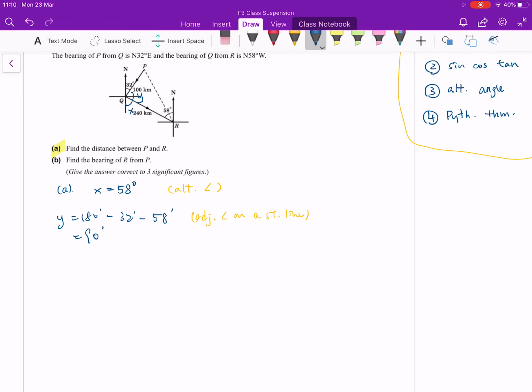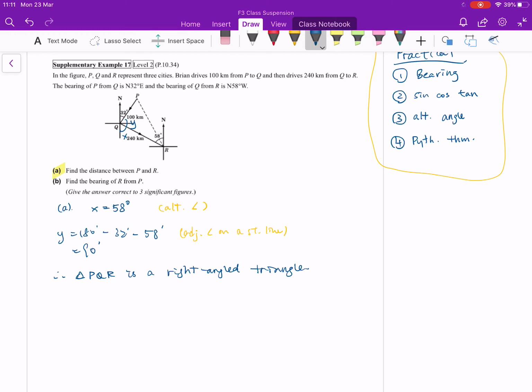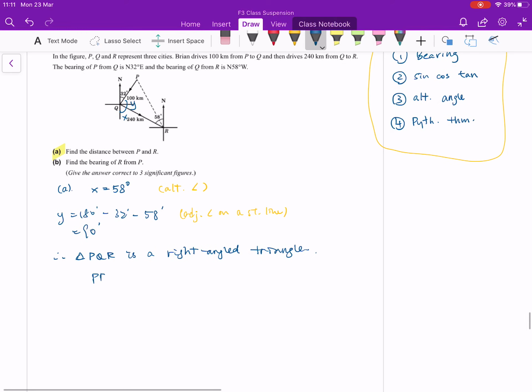Therefore, you know that, okay, triangle PQR is a right angled triangle. So you may apply Pythagoras theorem, the fourth tool, to find out the distance of PR. So PR square equals 100 square plus 240 square.